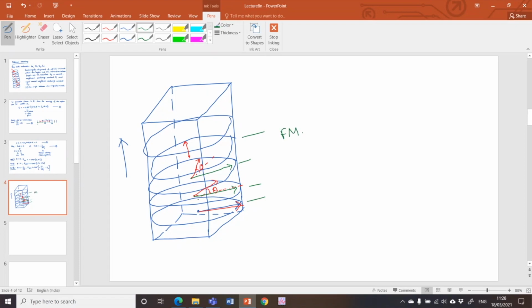And if it is 180 degrees, then let's say one will be like this, the other will be like that. This one will be like this, the other one will be like that. So effectively we will get an antiferromagnetic kind of order. Clear? Yes, sir, clear.